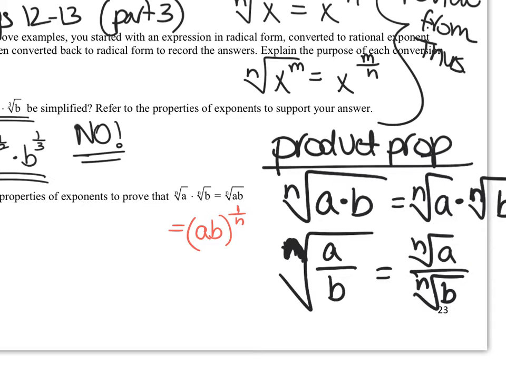And when you think about that, that is a times b. So this is the same thing as a to the 1/n times b to the 1/n. And the only reason you can distribute that exponent through is because it's multiplication and not addition. And then you get the nth root of a times the nth root of b.